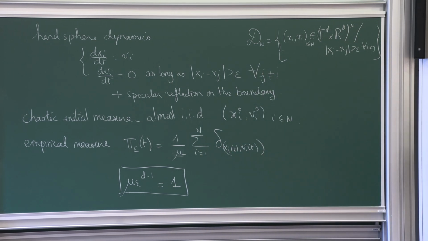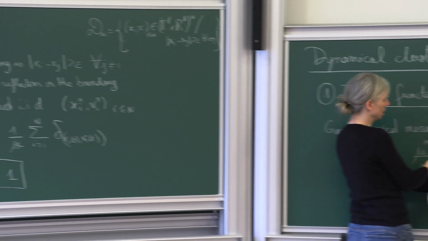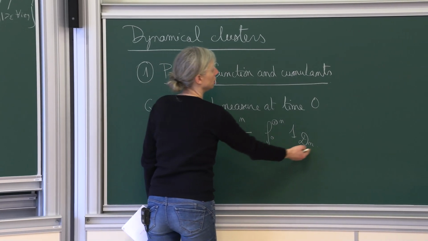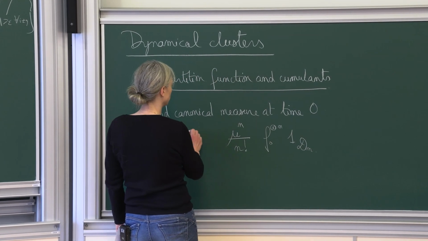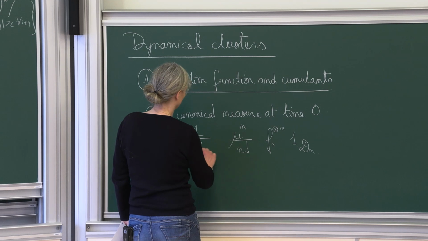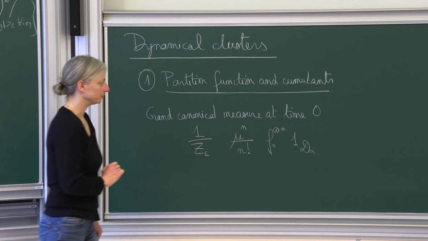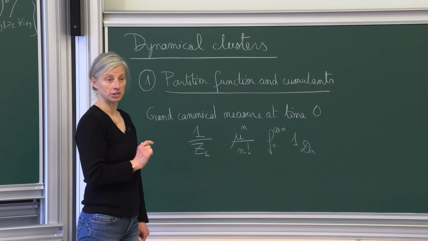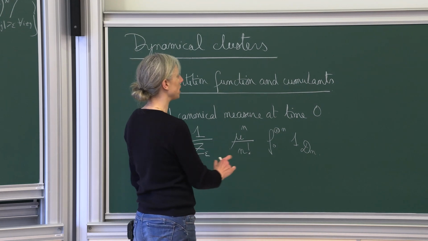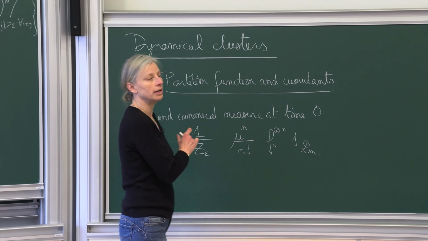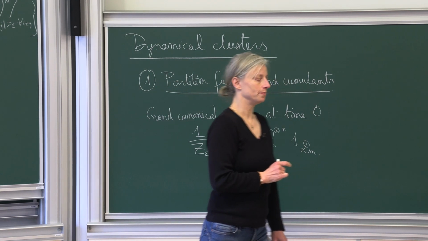So you choose independent variables, you just modify this by the exclusion, then you have a probability density provided that you renormalize everything by the partition function Z_epsilon. So that's my grand canonical measure. Both n and then the (x_i, v_i) are random variables.